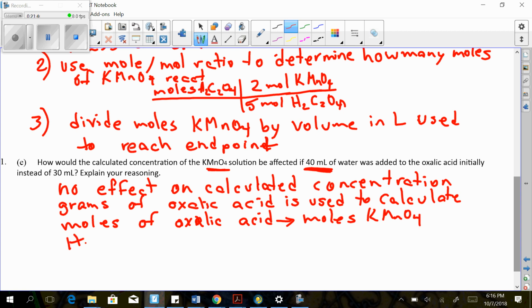The water used to dissolve it has no effect. So the same amount, more or less, doesn't matter. What matters is how much oxalic acid was added.